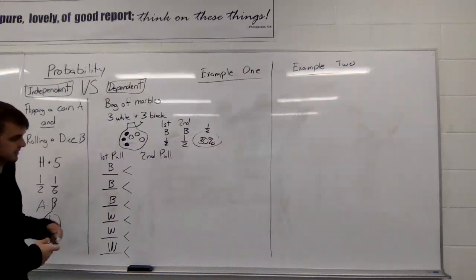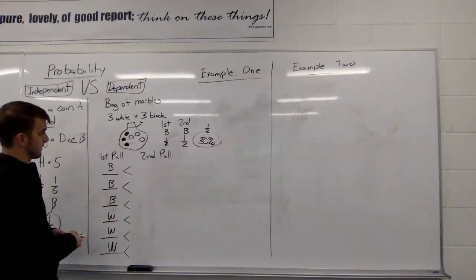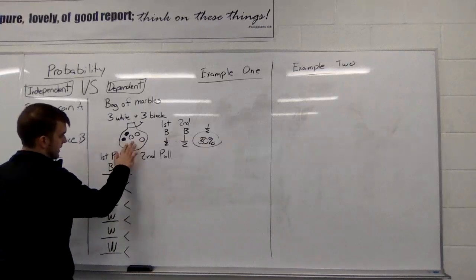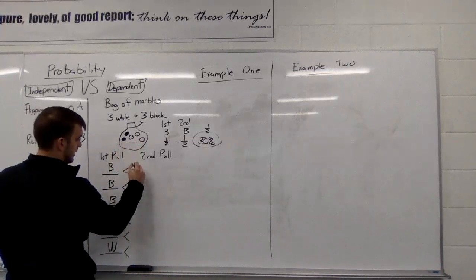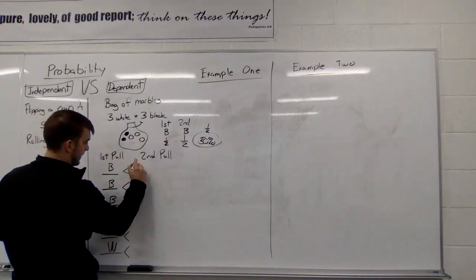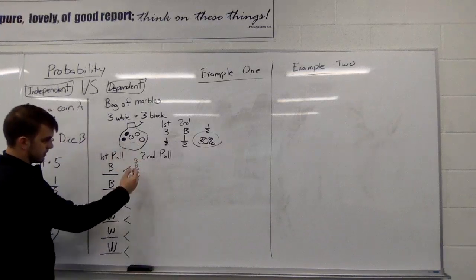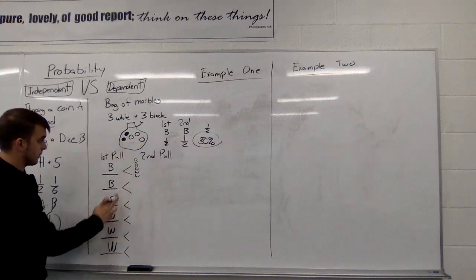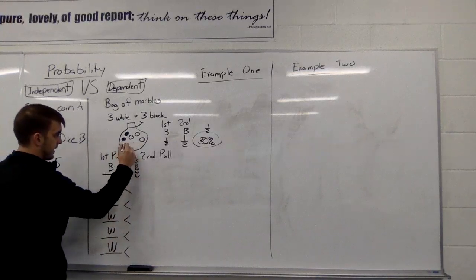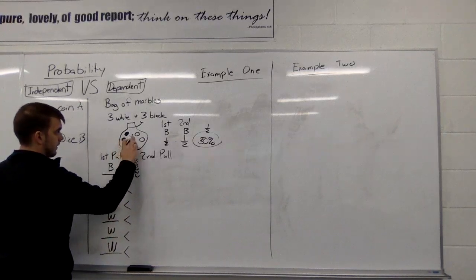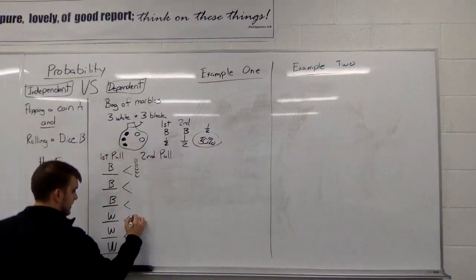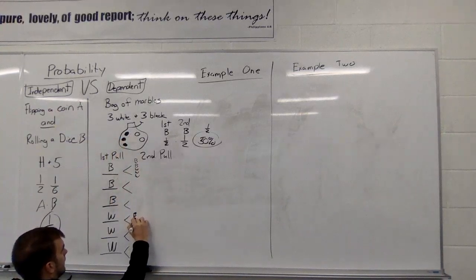And the way you would actually write this out, I'm not going to waste time, because if I pull a black one out on the first time, that means it could be black, black, white, white, white. If you would do that to all of them, except down here on the white, you pull a white one out, you would have 3 blacks and 2 whites.